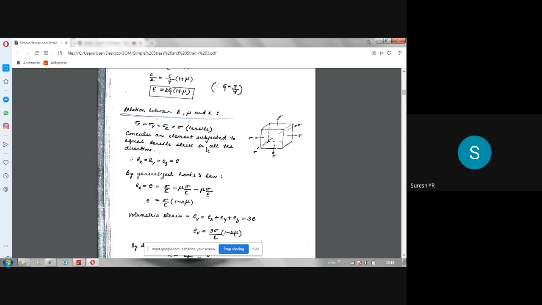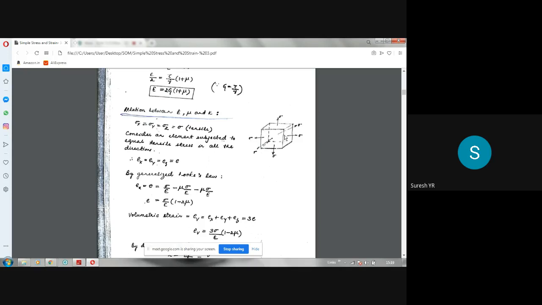Bulk means volume. So here, I have taken a three-dimensional element, which is subjected to stresses in all the directions x, y, z. So this is the x direction, this is the y direction, this is the z direction. You have understood that in generalized Hooke's law. Only thing is we have to take equal values of stress in all three directions.